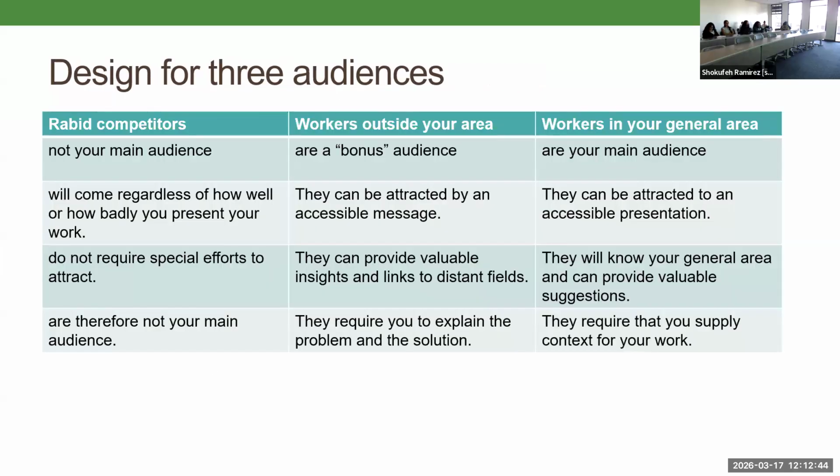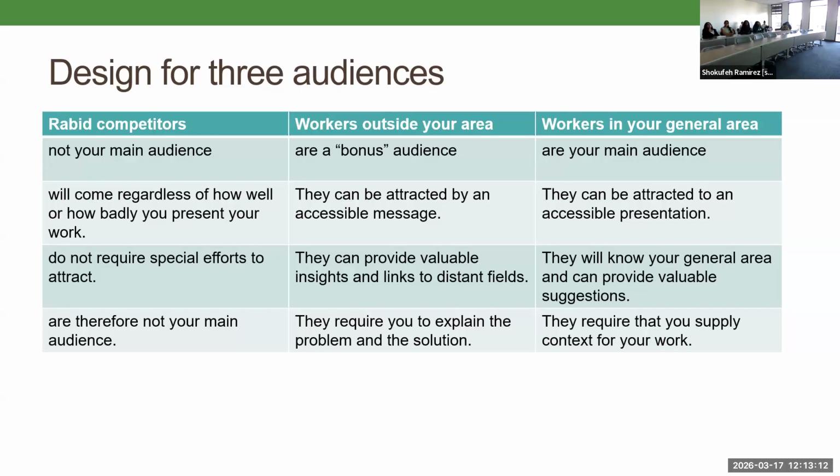So in terms of designing for 3 audiences, we might describe these as your rabid competitors, workers outside your area, and workers in your general area. Rabid, yes, rabid. The people who are like, oh wait, I gotta hurry up and publish before you do.